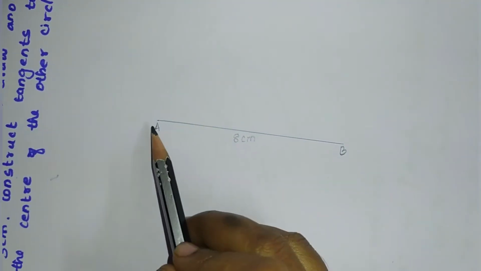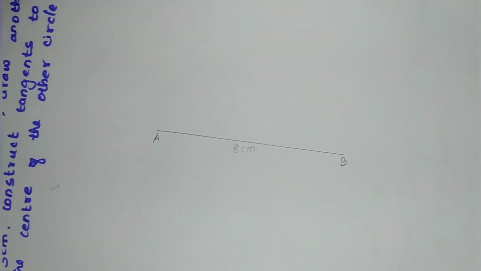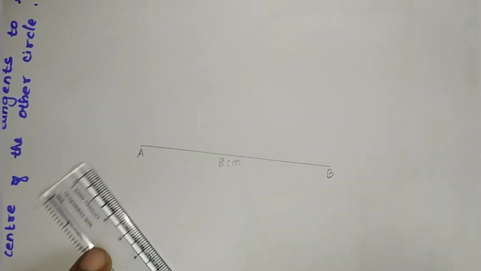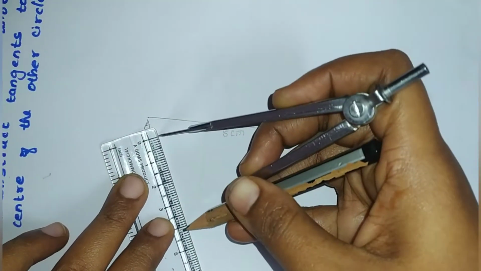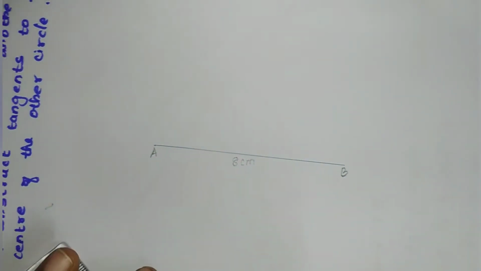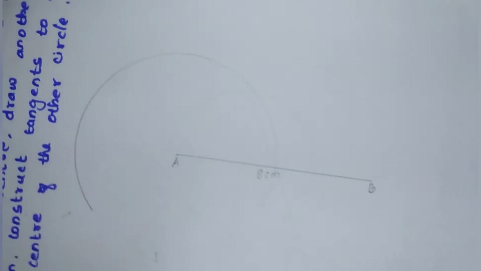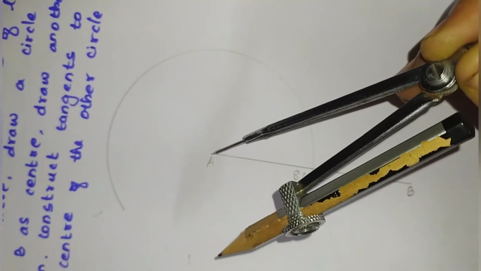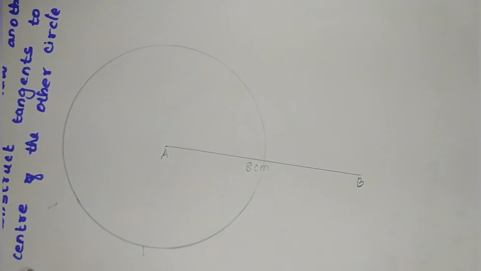Okay. Taking A as center, draw a circle of radius 4 centimeter. Take 4 centimeter in the compass and then draw a circle of radius 4 centimeter.